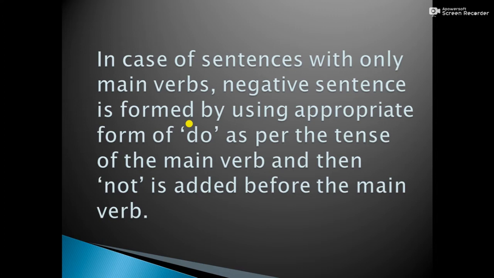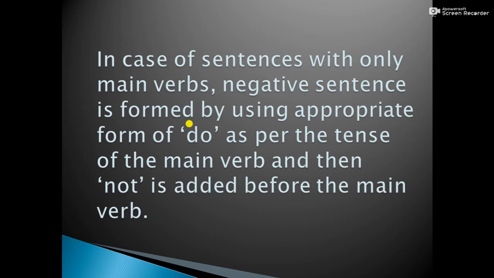It means, suppose he likes ice cream. This is simple present tense and the pronoun is third person he. So in this case, the negative sentence will be he does not like ice cream.